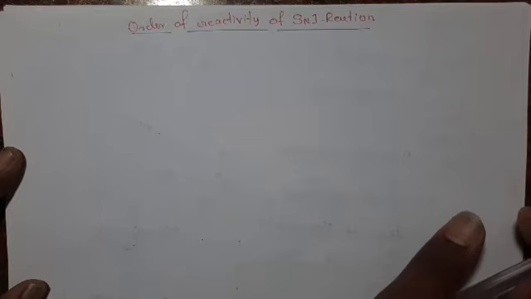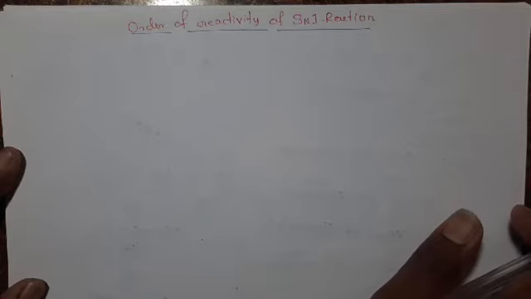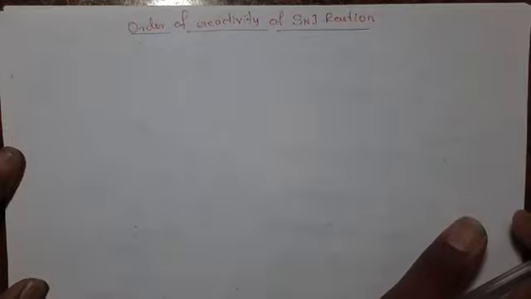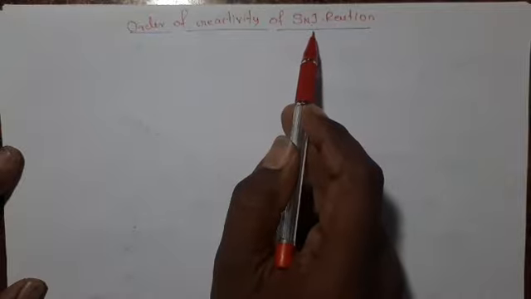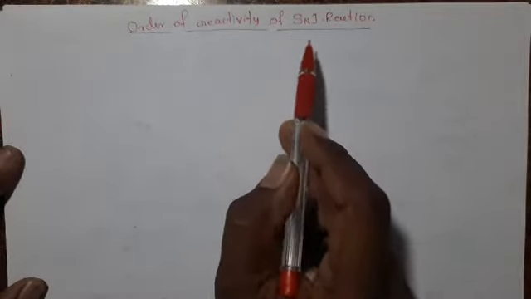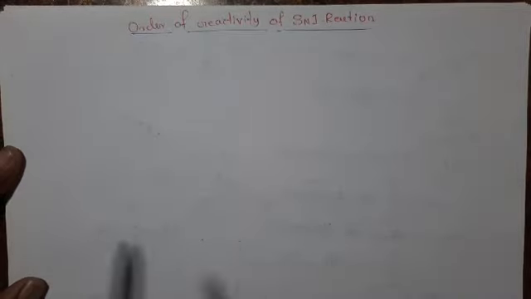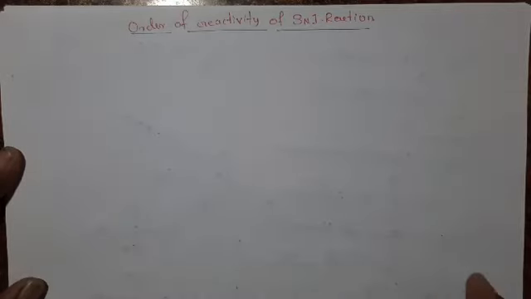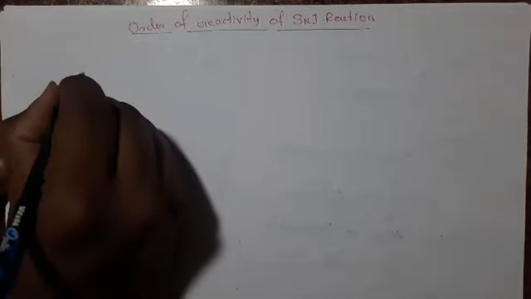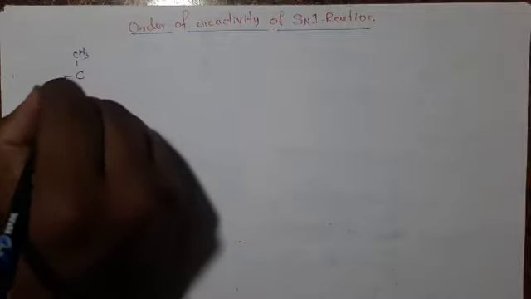As we discussed, in the SN2 reaction the order of reactivity is maximum for methyl halide, then primary, then secondary, then tertiary. But in the SN1 reaction, the order of reactivity depends on the stability of carbocation.